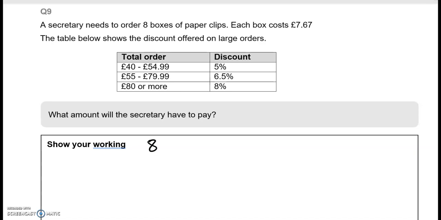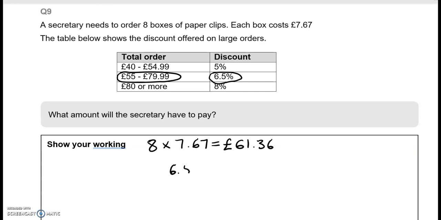There are 8 boxes and each of them costs £7.67. So we'll multiply that, and that is equal to £61.36, which falls within this category. So there will be a 6.5% discount.